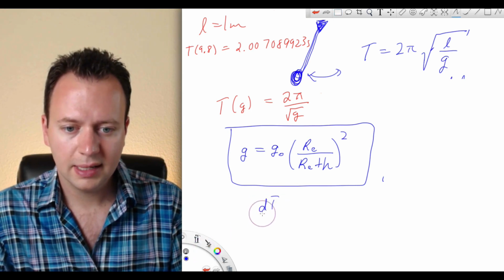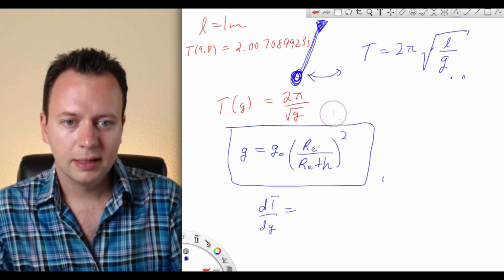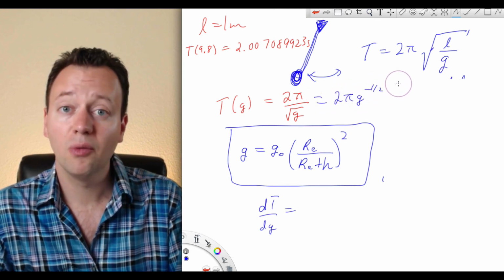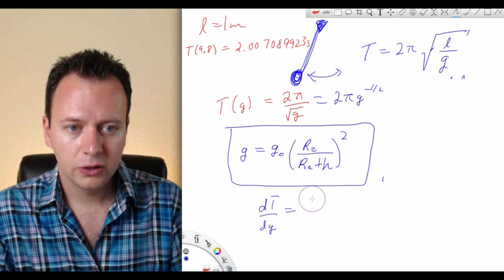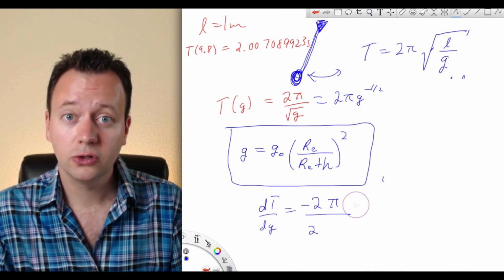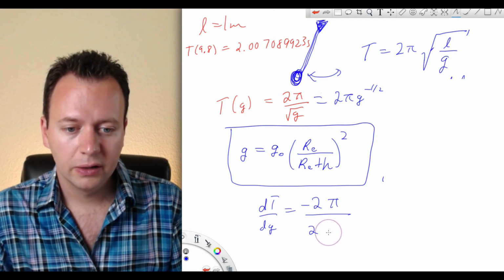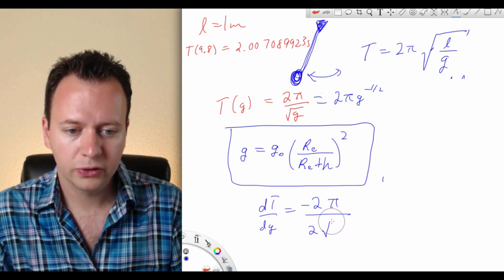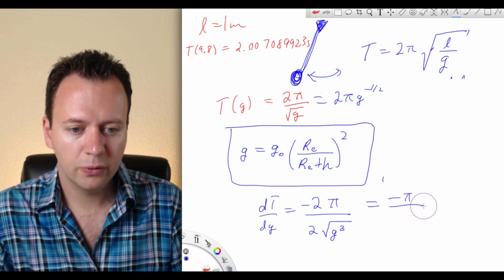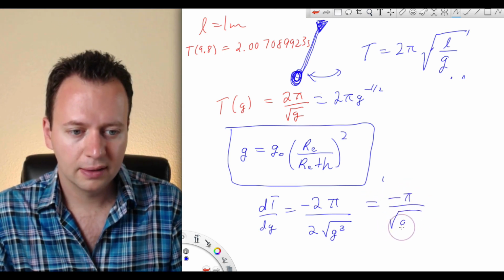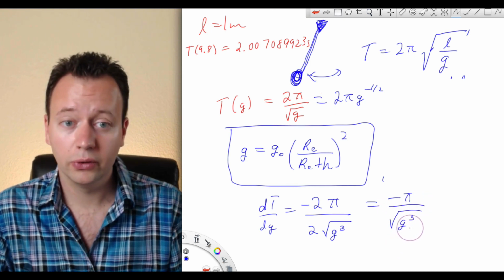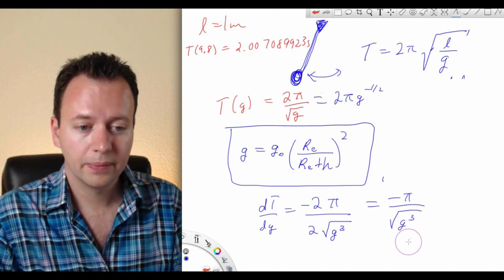Since T is equal to 2 pi g to the minus 1/2, the minus 1/2 comes down. So we get 2 pi times minus 1/2, and then g to the minus 3/2. So that would be 1 over the square root of g cubed. So the derivative of the period with respect to gravity looks like this: negative pi over the square root of g cubed.